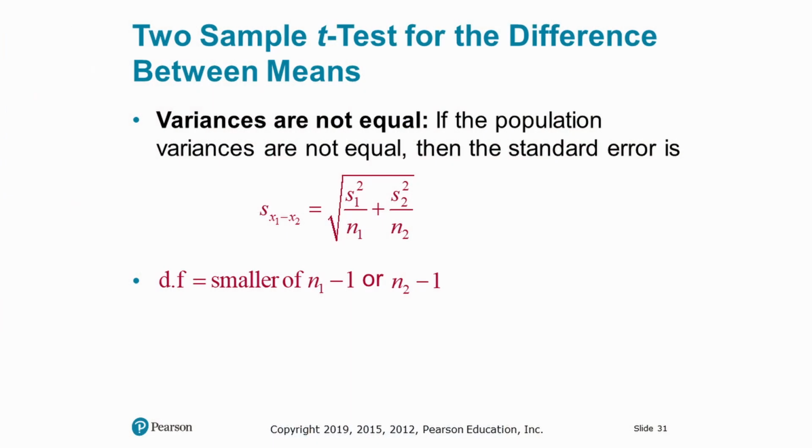For that we have that s x1 bar minus x2 bar, the standard error, is equal to the square root of s1 squared over n1 plus s2 squared over n2. It's nice to deal with, but I still don't really care if you do that by hand. And degrees of freedom given by the smaller of the two sample sizes, minus 1.